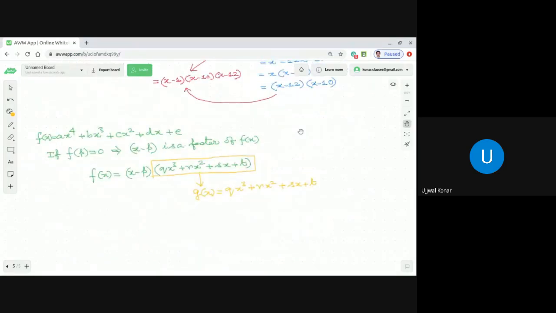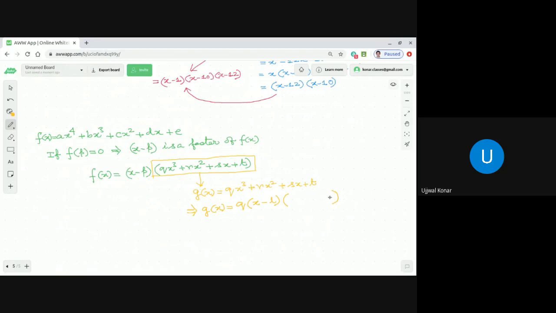Once you do, then what are you going to write? You can write g(x) by taking q common so that the coefficient of x cube should be equal to 1. Suppose you get a factor here, x minus l. Then whatever you get here has to be a quadratic polynomial.